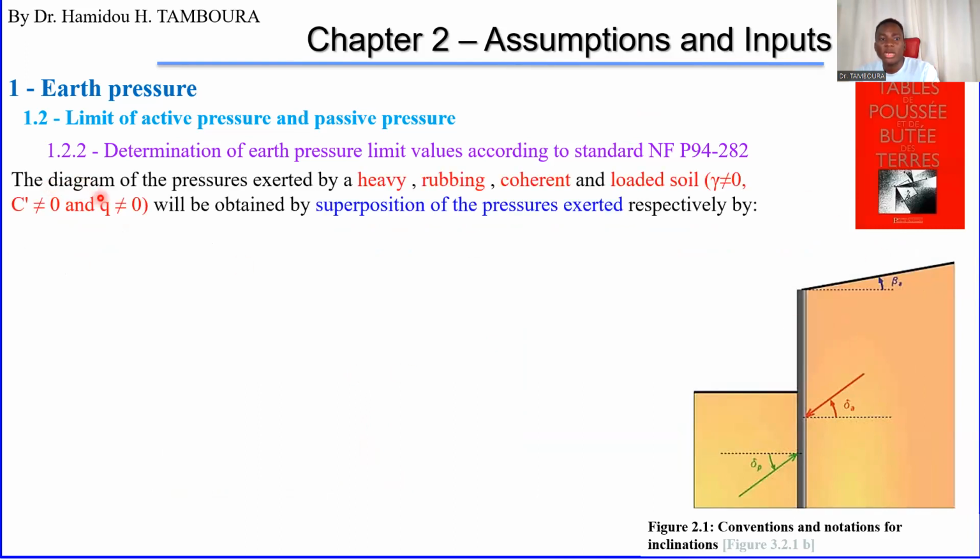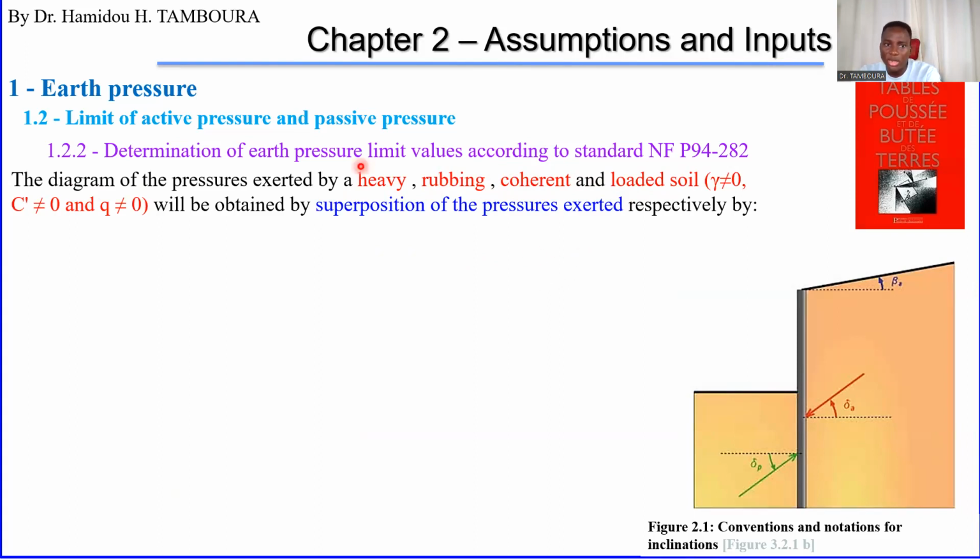So the diagram of the pressure for a heavy, cohesive soil. Coherent means cohesive actually, but it's a tradition from French. And loaded soil means you have unit weight, you have cohesion, you have the charge.